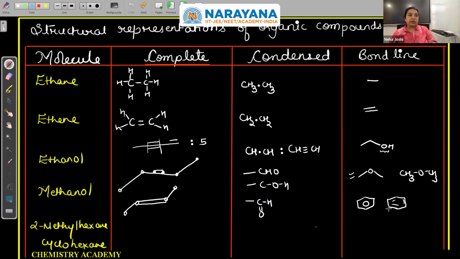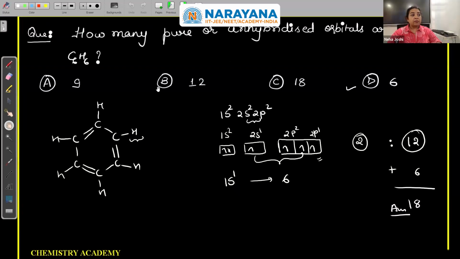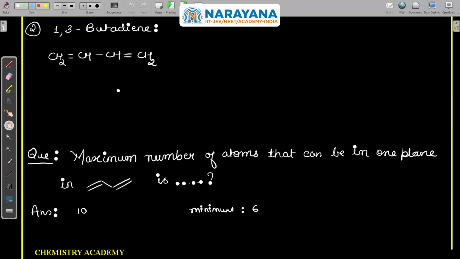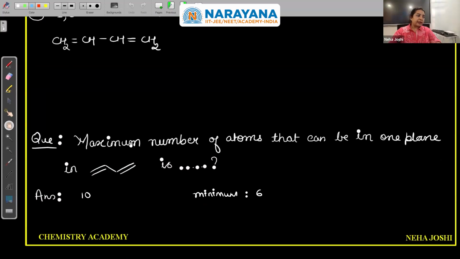Benzene, I will write something like this. Some important molecules that you need to know, of course, benzene. Please see how many pure or unhybridized orbitals are there in C6H6. Similarly, you can practice 1,3-butadiene. Kindly do this question: the maximum number of atoms that can be in one plane in 1,3-butadiene is?